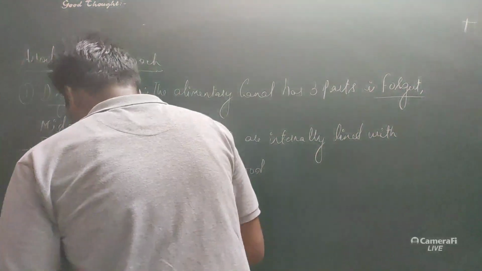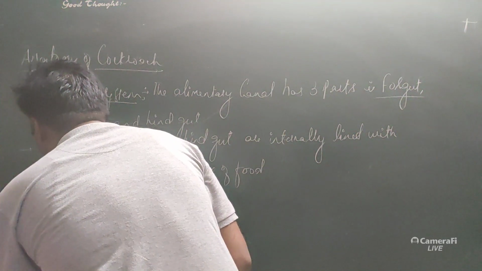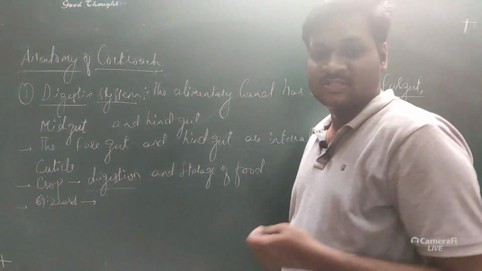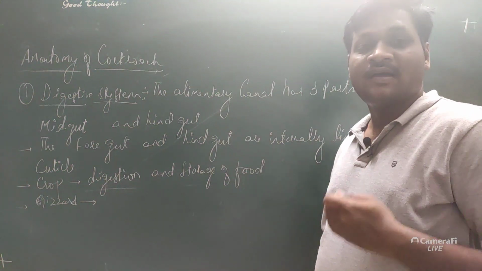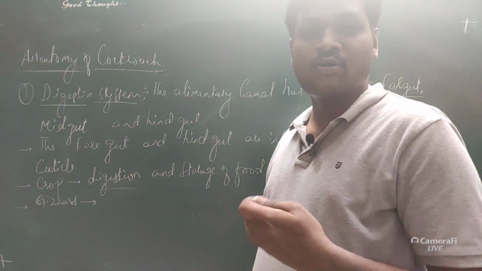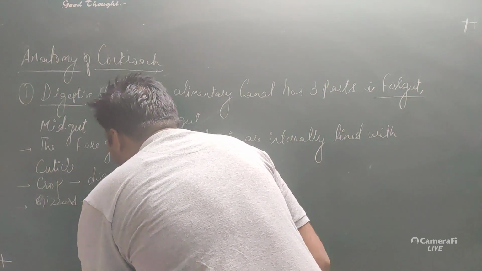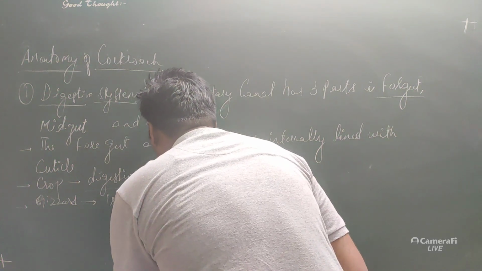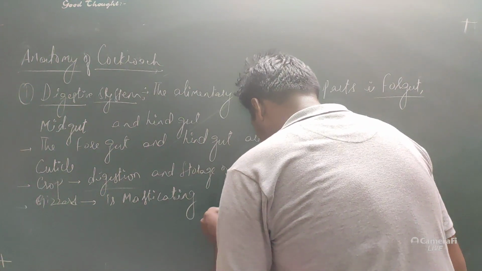Next, it has the gizzard. As we have discussed, the gizzard is the structure resembling jaws. The gizzard is responsible for grinding the food material, or you can also use the term masticating. So the gizzard is a masticating organ.